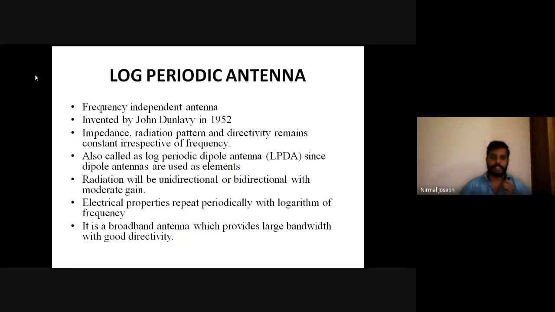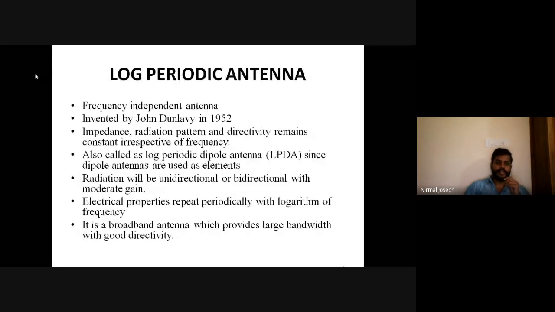So we will start with the log periodic antenna. As the name suggests, the antenna has a relationship with log, and it is periodic. The main thing we have to see is that it is a frequency independent antenna.